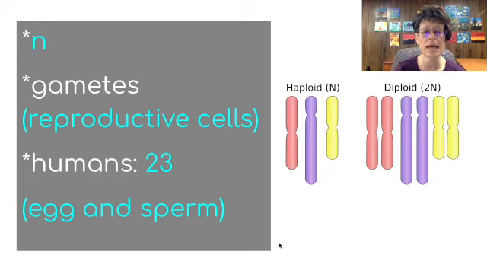And the reason that reproductive cells are half is because when the egg and sperm come together, that makes diploid cells. If they were not half the number of chromosomes, then we would be getting double the number of chromosomes each time, and we'll find out later that having more than two chromosomes can be detrimental.